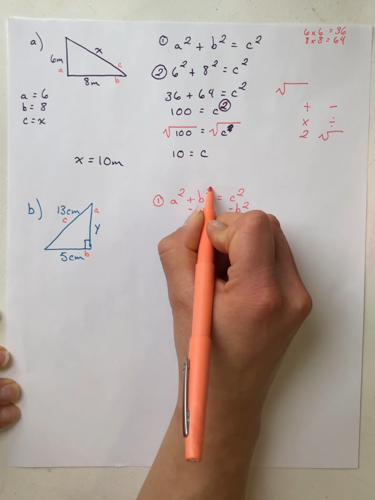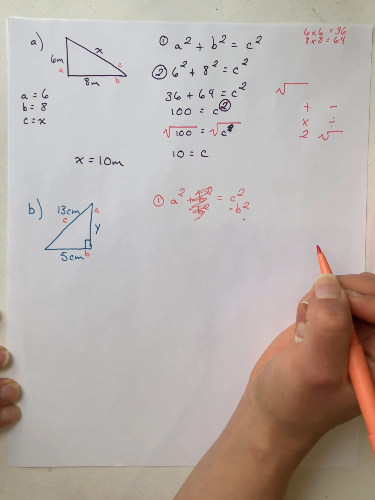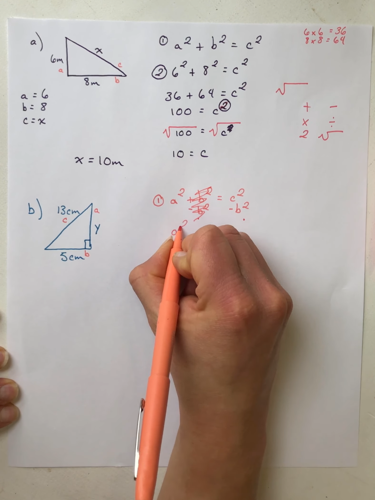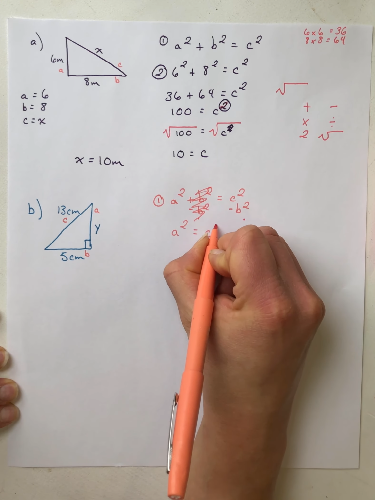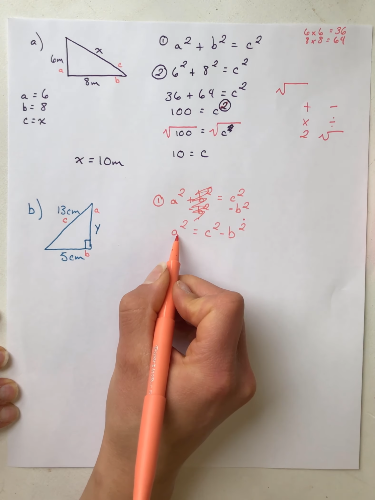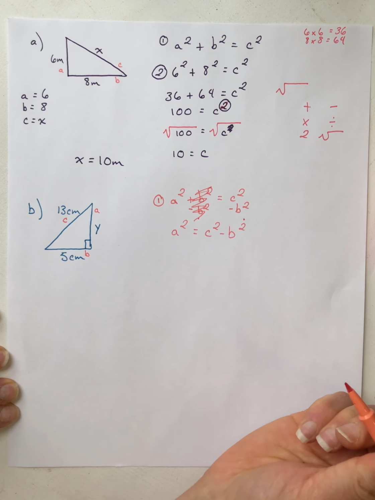And by doing that, it crosses this out and our minus b squared is on this side. So we now rewrite it as a squared equals c squared minus b squared. And I can now find a.